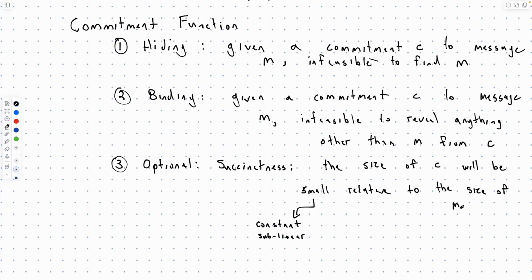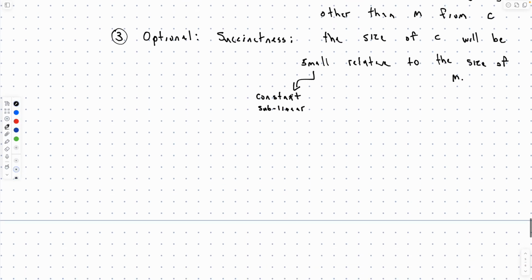Linear is if the size of M grows, the size of the envelope is also growing at the same rate. Okay, that we call a linear relationship. If M is getting bigger, C is getting a little bit bigger to accommodate M, but it's not growing at the same rate, then we say it's sublinear. It's growing at a lesser rate. And so logarithmic would be a rate that would be common between the two. Forget about that for now. I'll show it to you later when we need it.